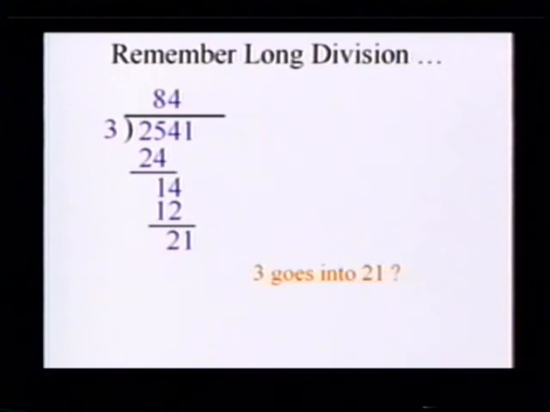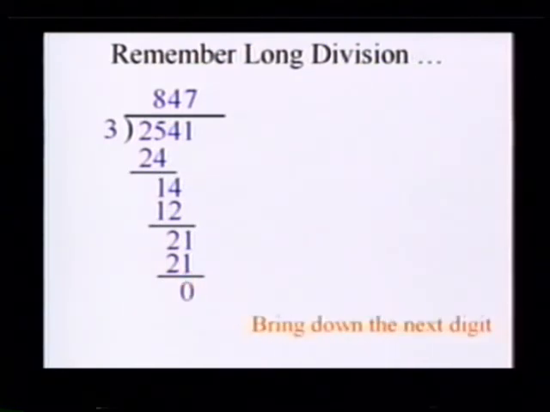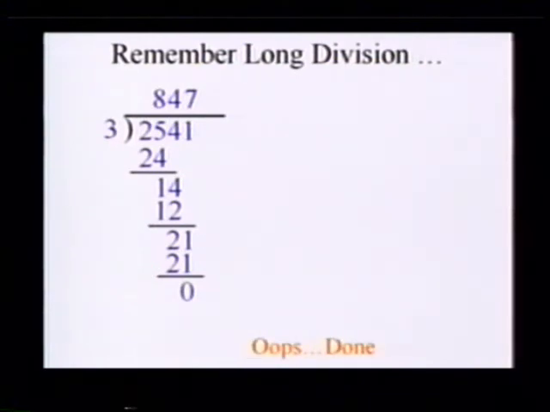Multiply. 3 into 21, nicely goes 7 times. I made a new guess. Multiply. And subtract to see what you're off by. And in this case, hi Mom, I'm not off by anything. Bring down the next digit, and there isn't a next digit, so I'm done. So that was the idea of long division.